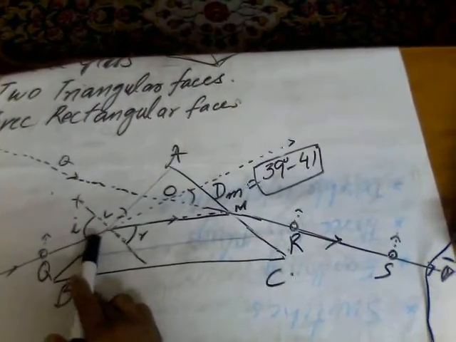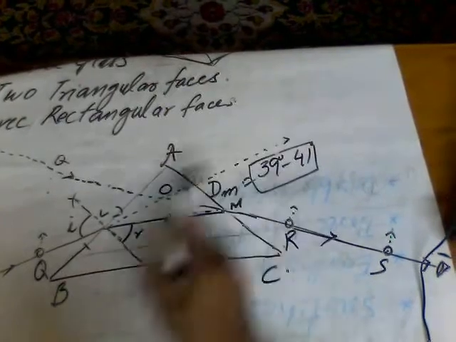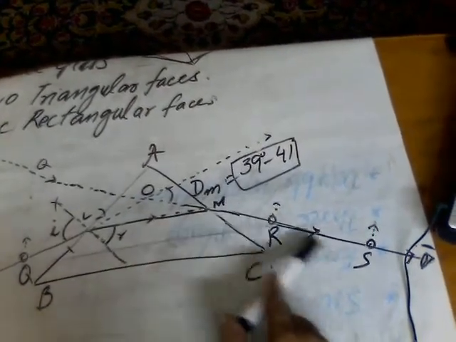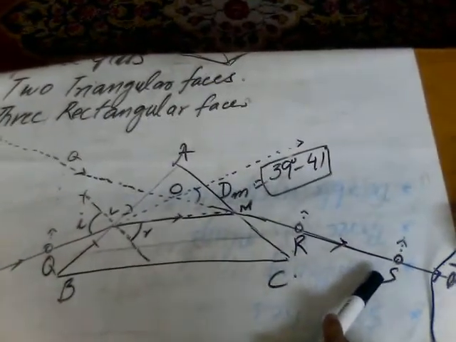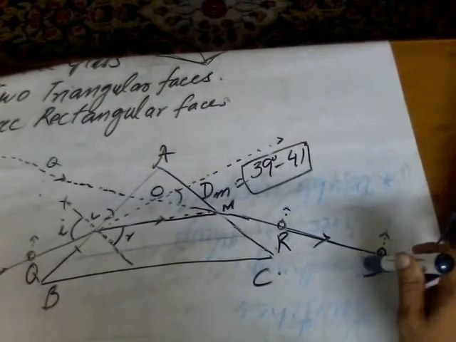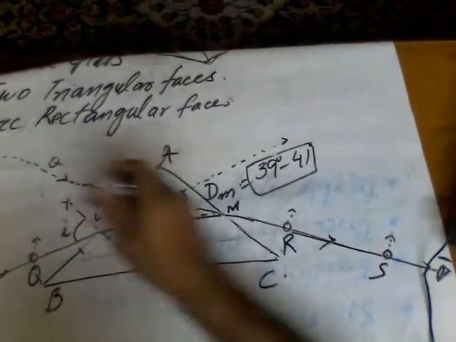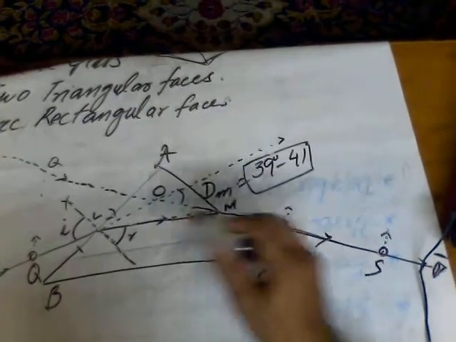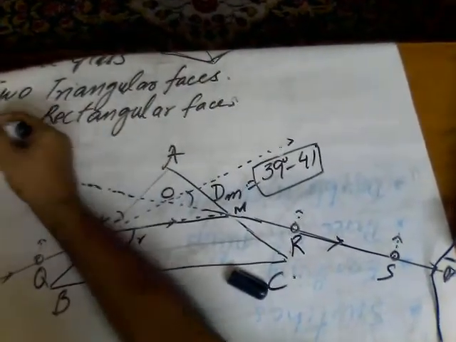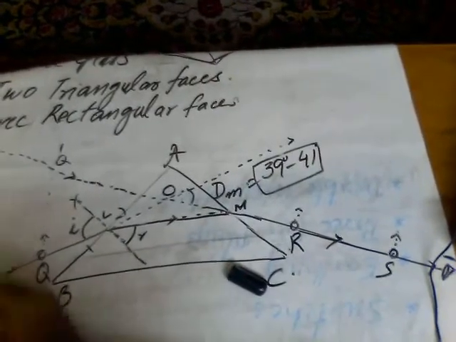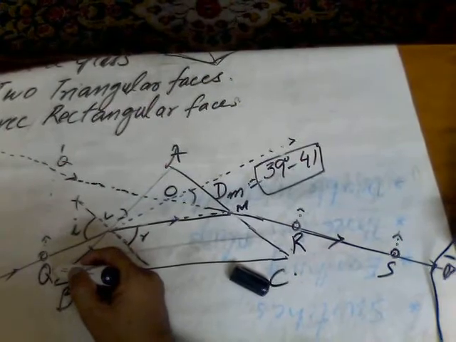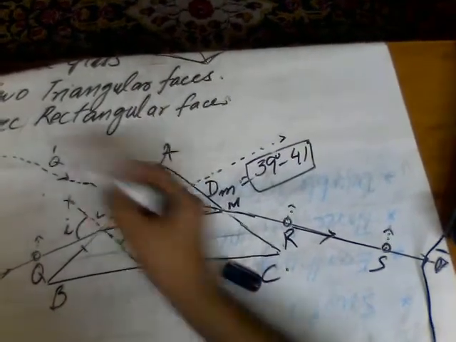In place of going L, Q in this direction, it goes through L, M, R, S. Afterward, we draw an imaginary line behind R and S, the images, and join the images: P dash is the image of P, and Q is the pin, its image is Q dash.